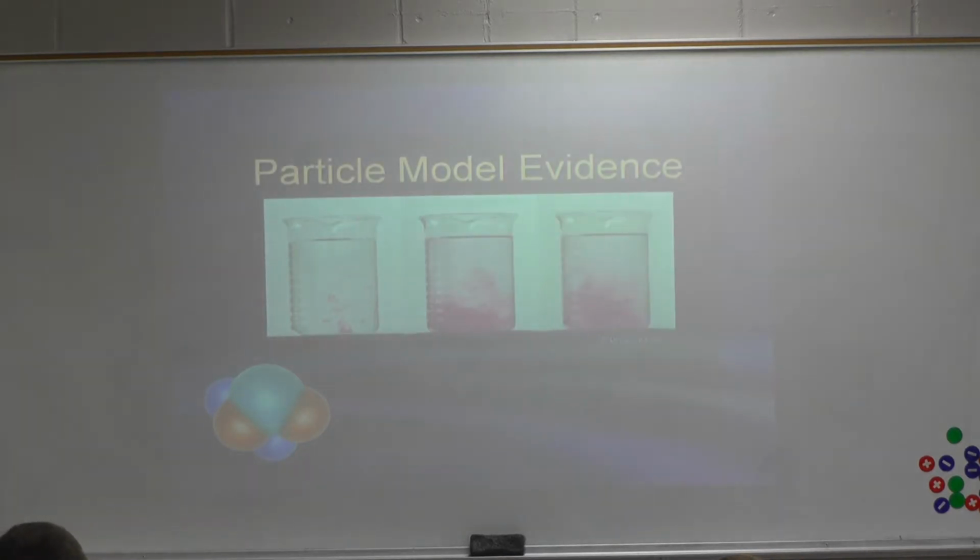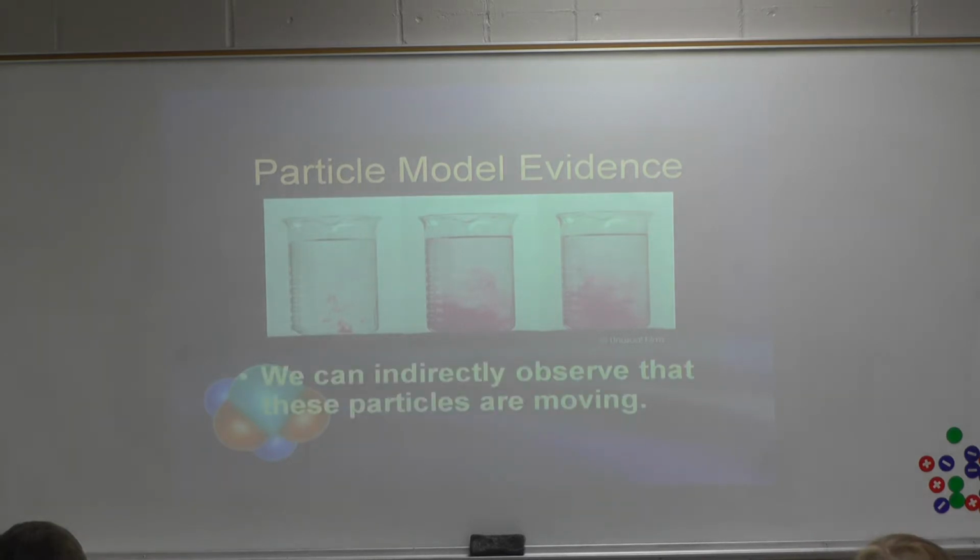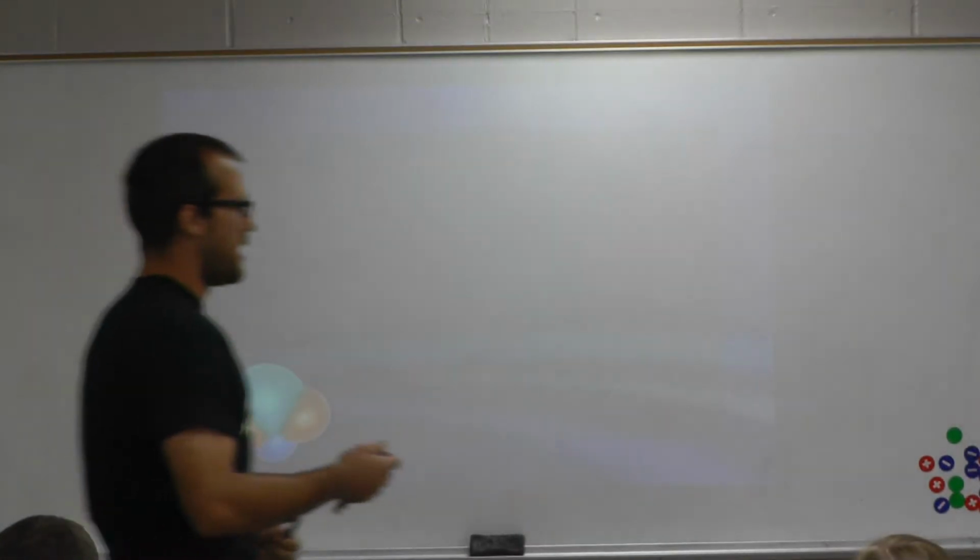So here is an example. I'm just going to show you this in a little bit. Let me show you this. You've probably seen it. No crazy new earth-shattering thing. But if I put food coloring in here, beautiful.